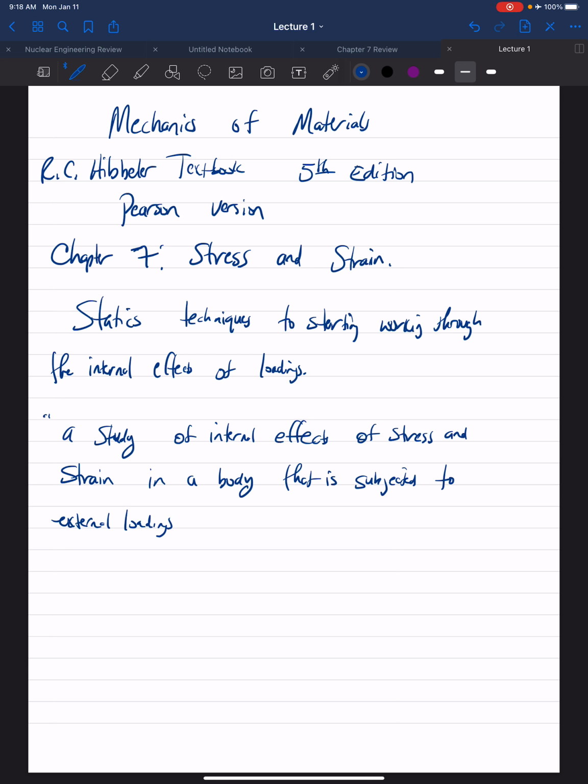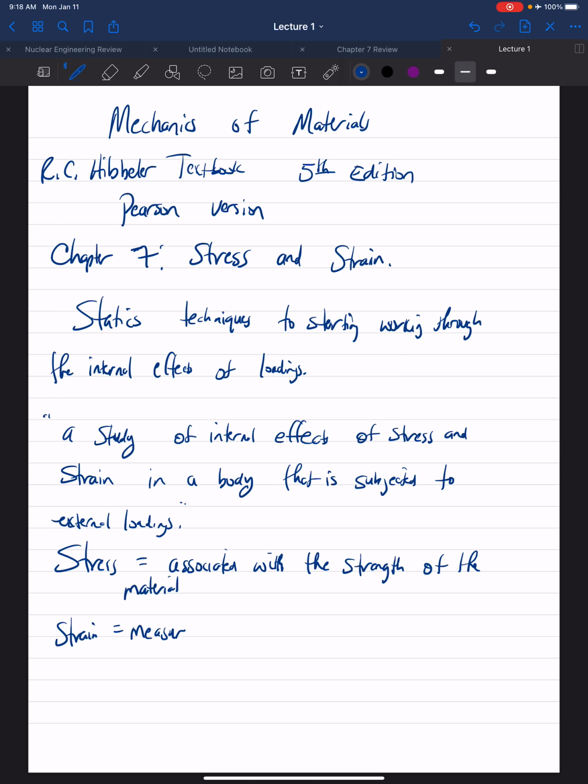Stress is associated with the strength of the material, while strain, we'll say, measures deformation of a body.